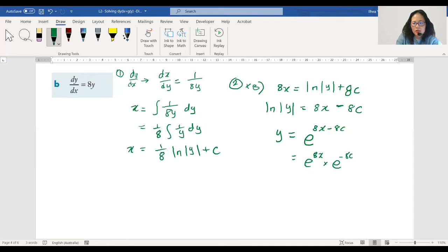As you can see, this is another constant, isn't it? And then we can name it as a because it says so in the textbook. You can make it into p, you can make it into anything. So therefore, my equation is y equals a times e to the power of 8x. That's my equation for that.